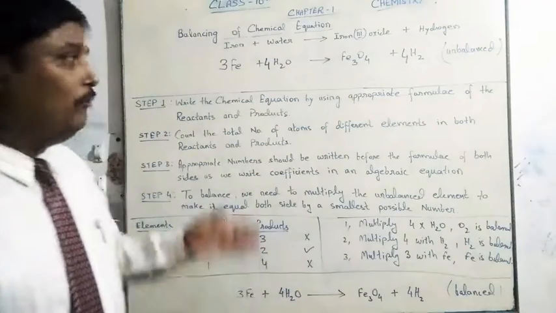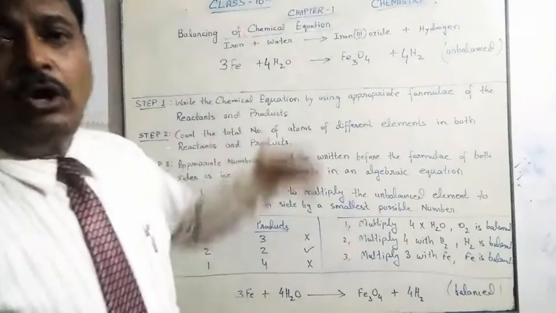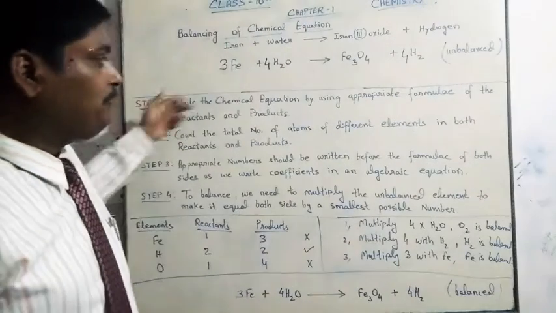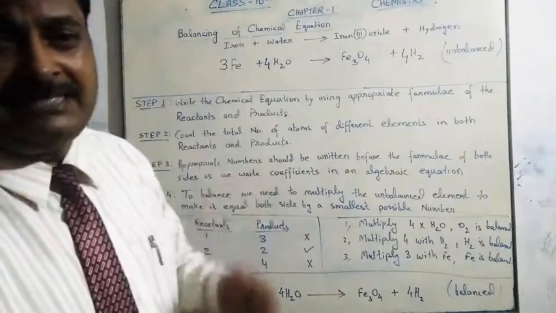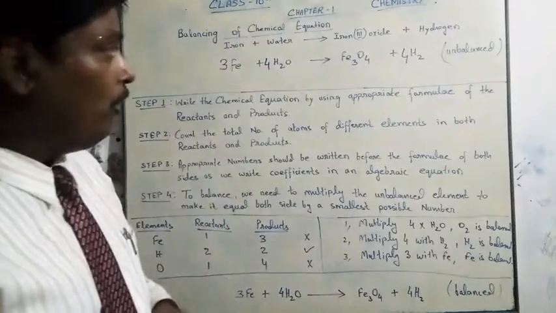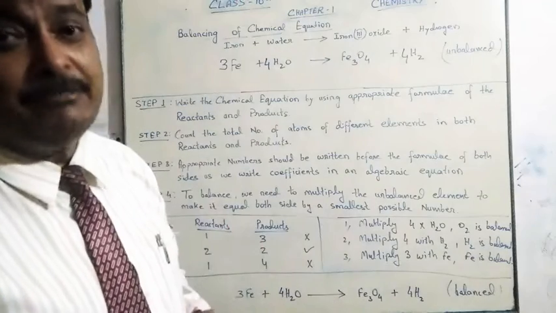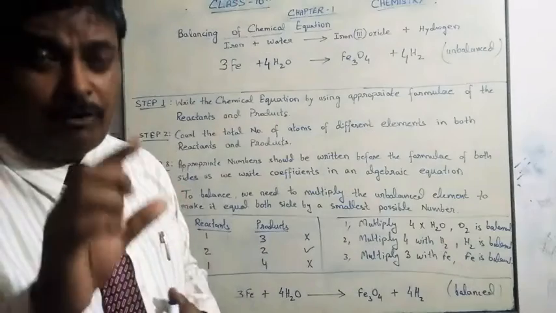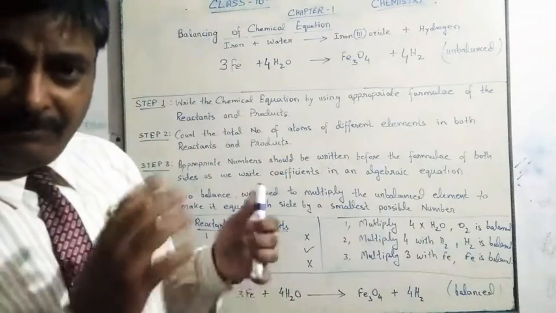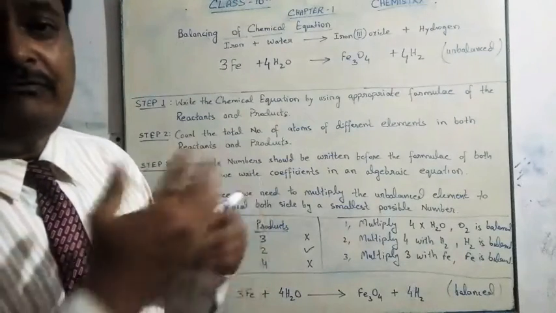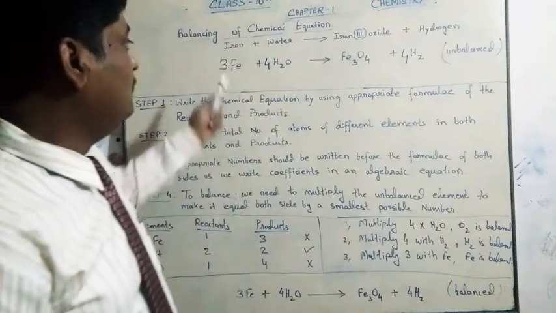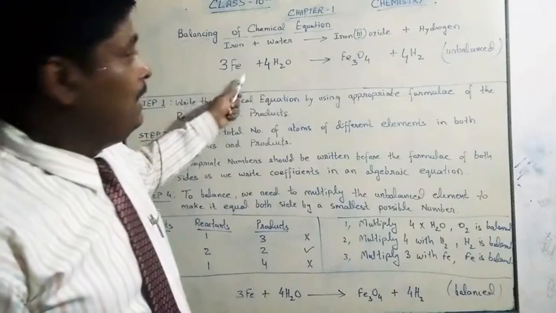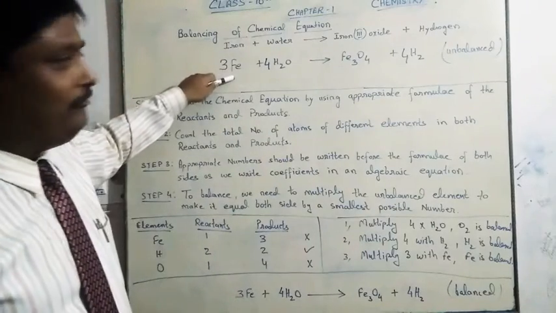What we have to do: first we will write down all the elements. In the first step, we write down all the elements according to their symbolic form. We cannot change the symbols or the molecular formula of the compound. Whatever the molecular formula, we have to write it as it is. So here it is iron, for which we write Fe.